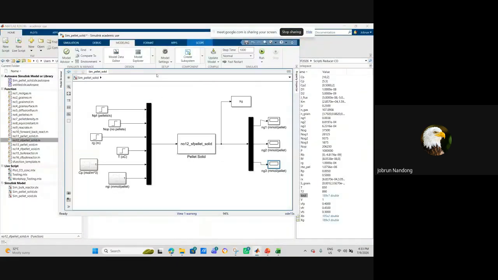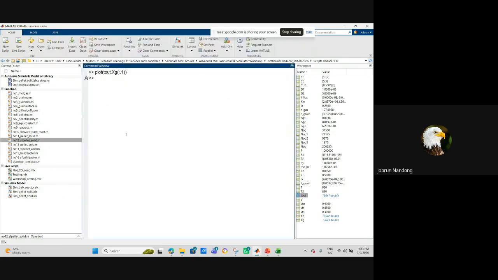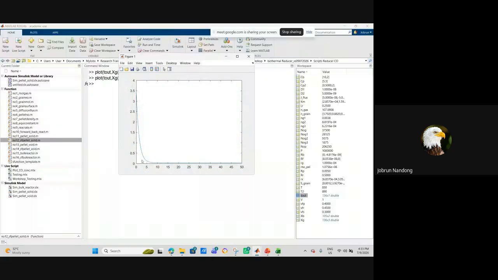So maybe you want to run it for a shorter time, just 50 seconds only, because this is just a pellet. Dealing with a pellet is a very fast one, multi-scale. The slow one is the bulk rate. Okay, so plot again. This is the actual steady state value, the one you see here.